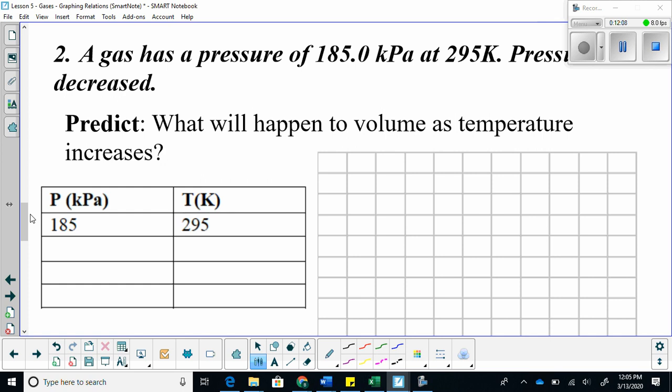So same thing, first step, RTFQ, read the fantastic question. And then you're going to make a prediction. What will happen to volume as temperature increases? No, this should say what should happen to temperature as pressure increases.